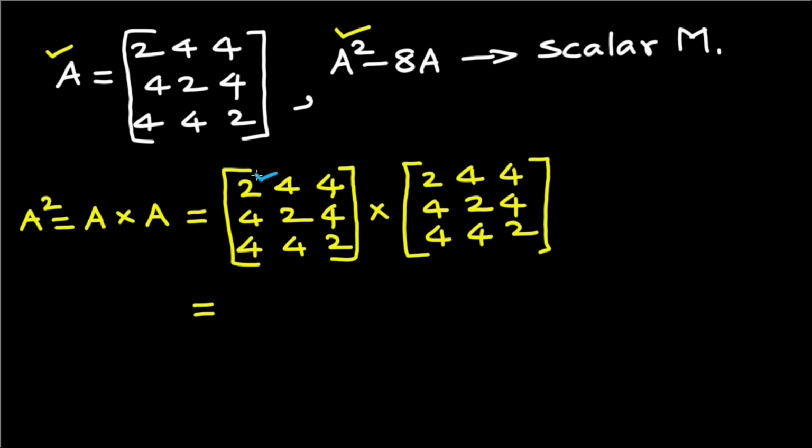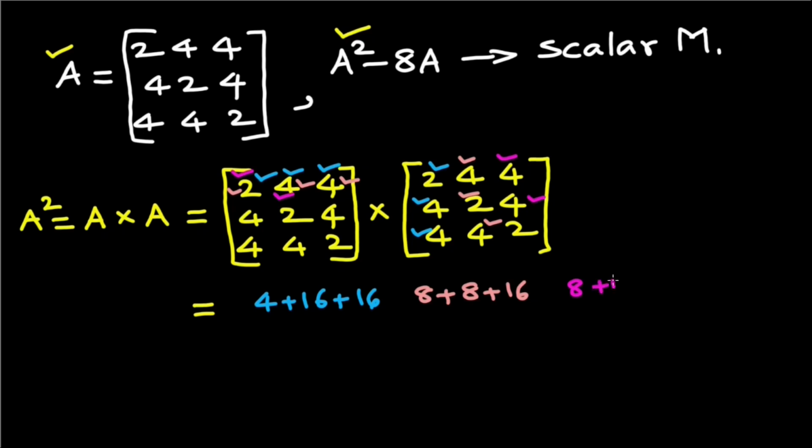So first 2 2s are 4 plus 4 4s are 16 plus 4 4s are 16. Next 2 4s are 8 plus 4 2s are 8 plus 4 4s are 16. Next 2 4s are 8, 4 4s are 16, 4 2s are 8. So this forms the first row of our resulting matrix.